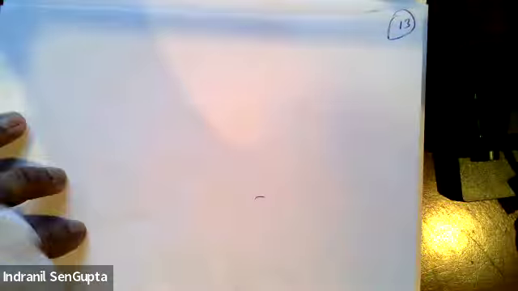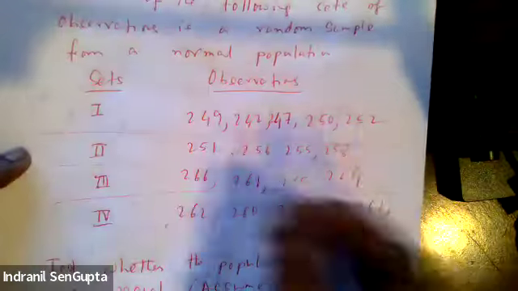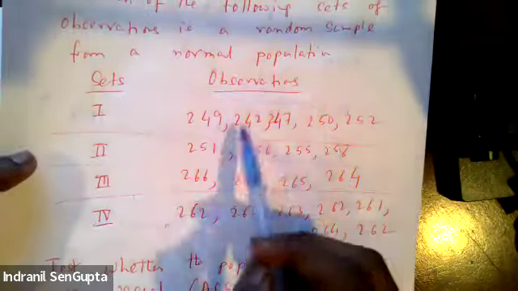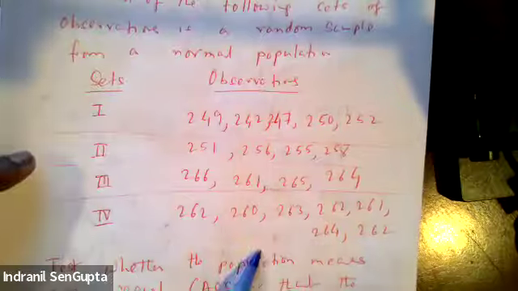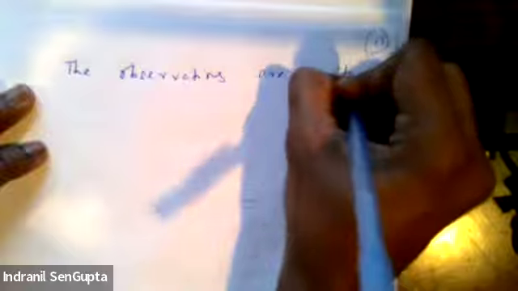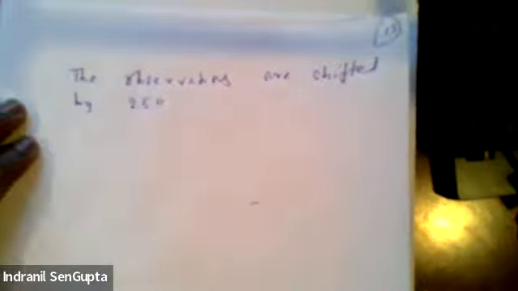So now let's consider the data. If you look at the data, it looks like it's around 250. So what we'll be doing is subtracting 250 from everything. The observations are shifted by 250, for easier computation, for nothing else.